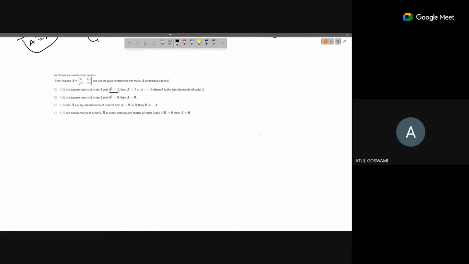A square equals I, then A is I or A is minus I. So is it possible? Definitely, right? Yes. Suppose A is minus I and we are multiplying by minus I. Because we have to just check this condition. Is I coming? Yes. In both cases it is satisfying.